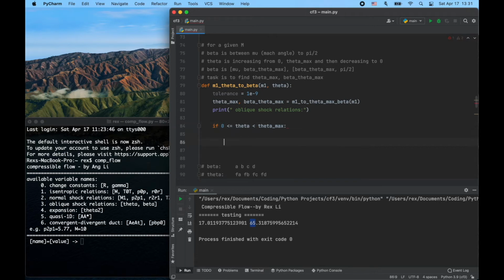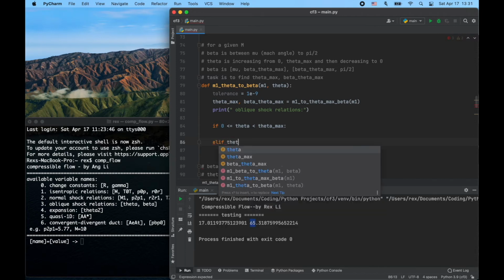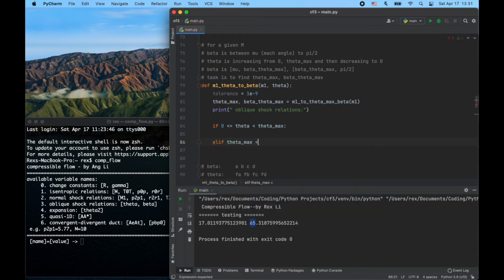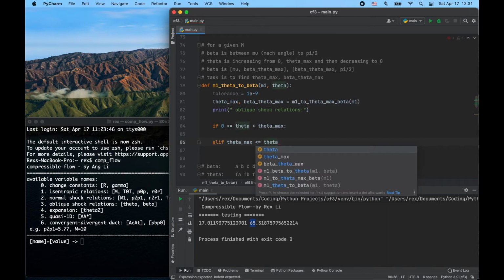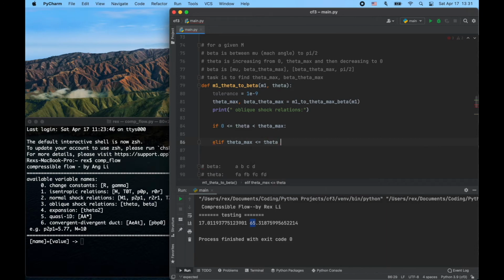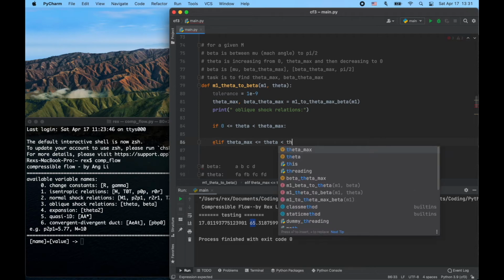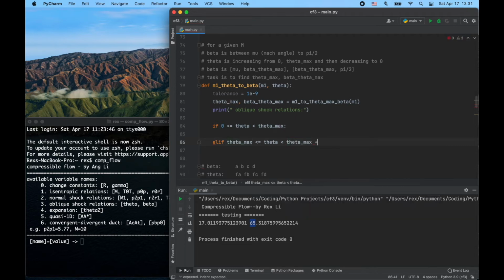However, else if theta max is smaller than theta, but theta is smaller than this, which means theta is really close to theta max, we will only have one solution.